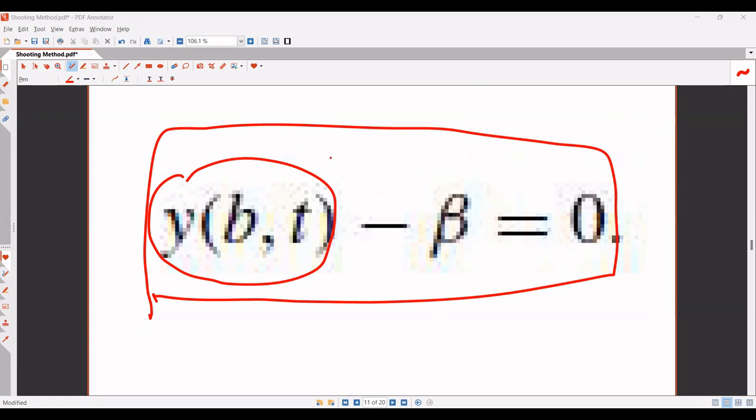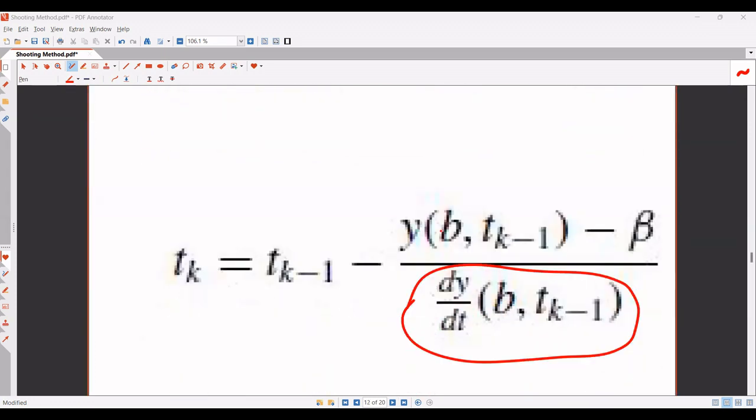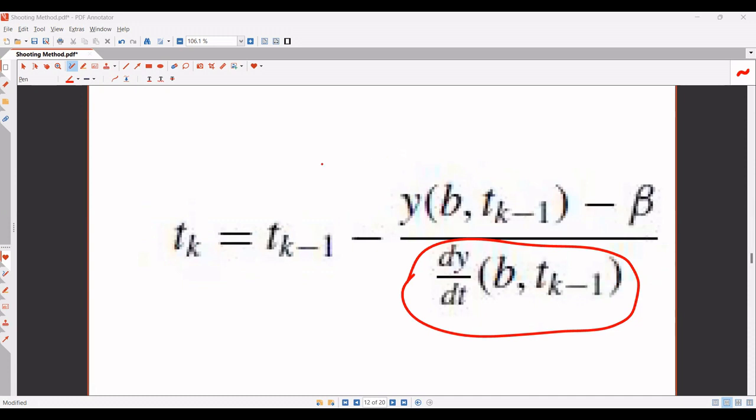If t is perfectly chosen, then it is going to be a perfect, exact solution of this equation. So we are going to solve this equation for t, and the solution that uses the Newton-Raphson method looks like this. So this equation can supply us infinitely many better approximations for t, right?